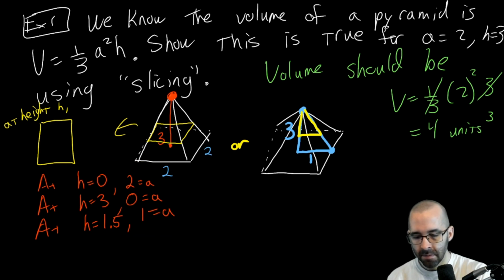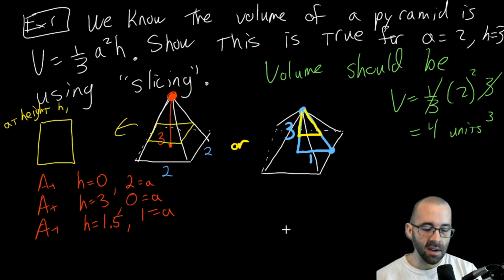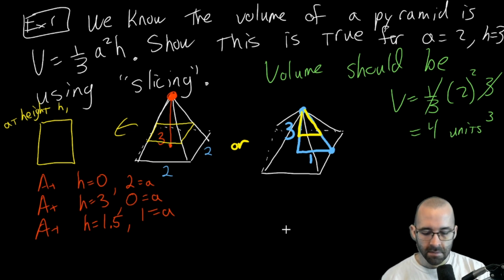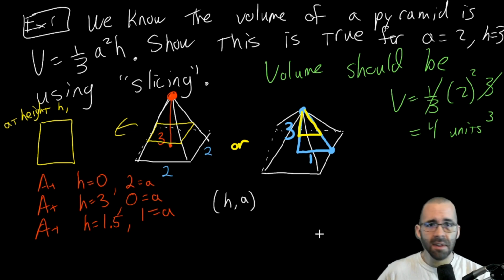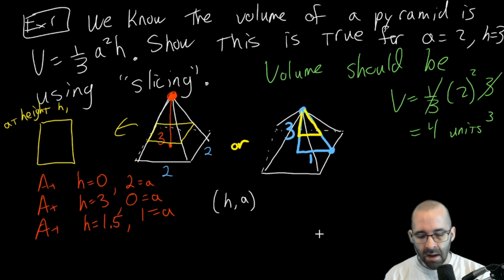And again, there's a couple of ways of doing this. We want to find the slope so we can find the linear relationship between h and a. So let's have h be our independent variable and a be our dependent variable. There's a ton of ways of setting this up. Find a way that works for you. Now, what we know about slope is it's going to be the change in y.